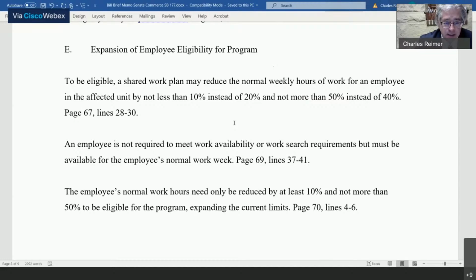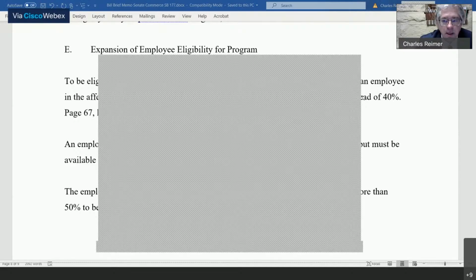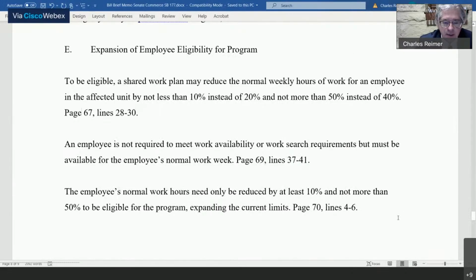They're expanded to make the program easier to apply. There's a provision that an employee is not required to meet work availability or work search requirements, but must be available for the employee's normal work week.